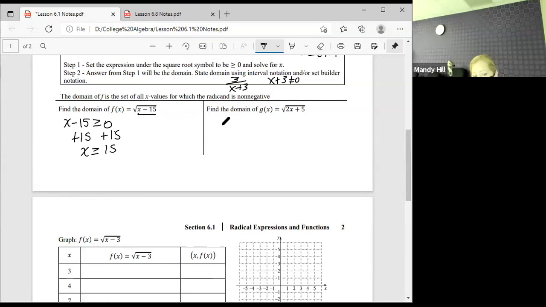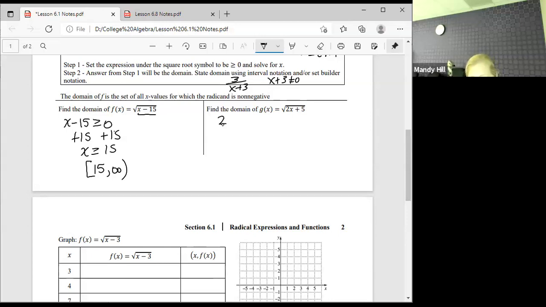So our domain can start at 15 and go to infinity, but it has to be greater than or equal to 15, because anything less than 15 is going to make this negative. If I plugged in 14, 14 minus 15 is -1, and that's going to give me an imaginary number. So you have to have all of this stuff bigger than or equal to 0.